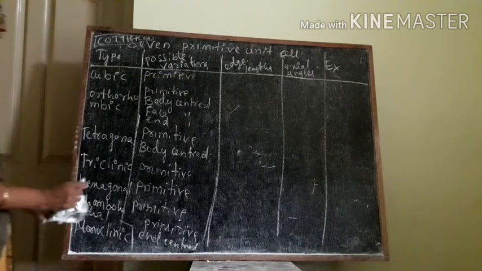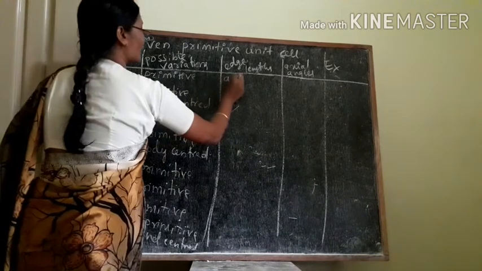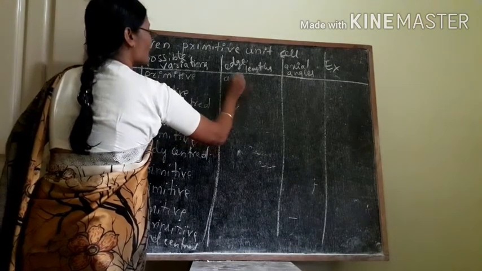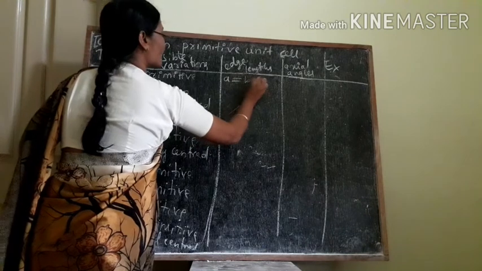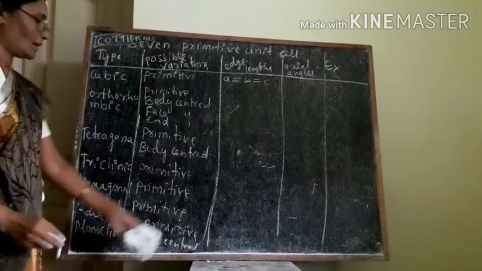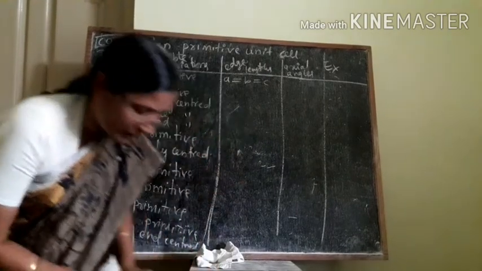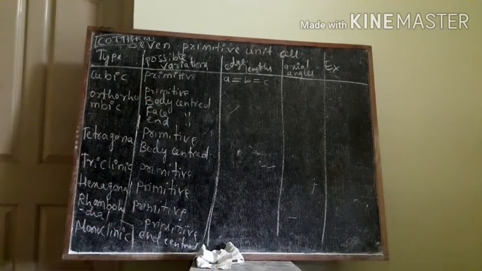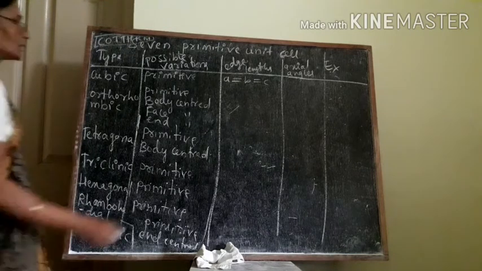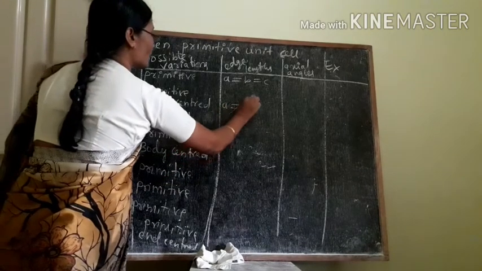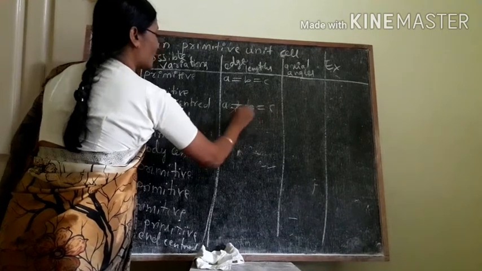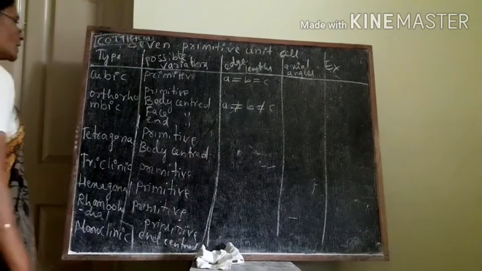Edge lengths. What do we represent with edges? In cubic, a is equal to b is equal to c. In case of orthorhombic, edges are not equal to each other: a is not equal to b is not equal to c.